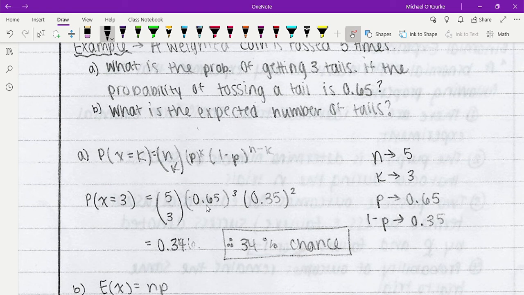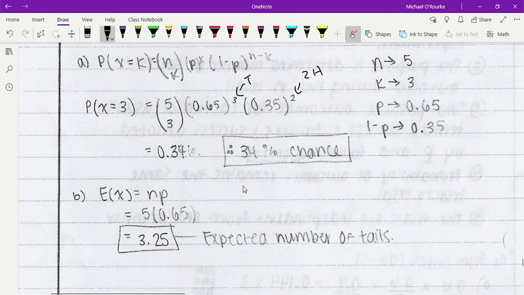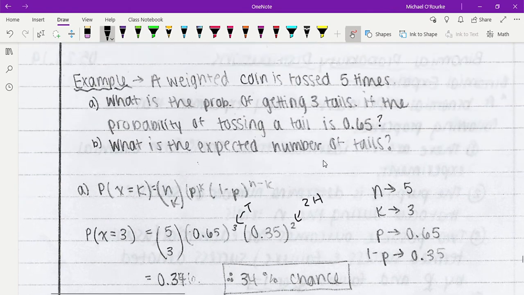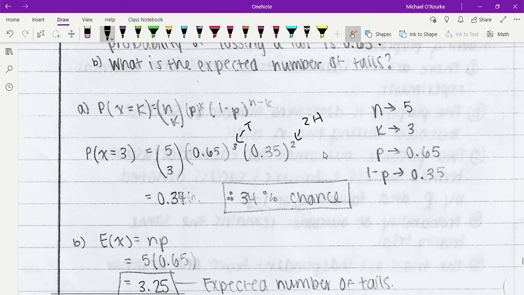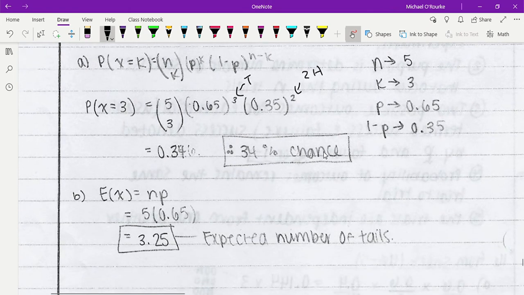So it's 0.65 to the power of 3 and 0.35 to the power of 2. I want 3 tails, and this would be 2 heads in this case. Make sense? Then you plug that into your formula, and you have a 34% chance of getting 3 tails in 5 flips.